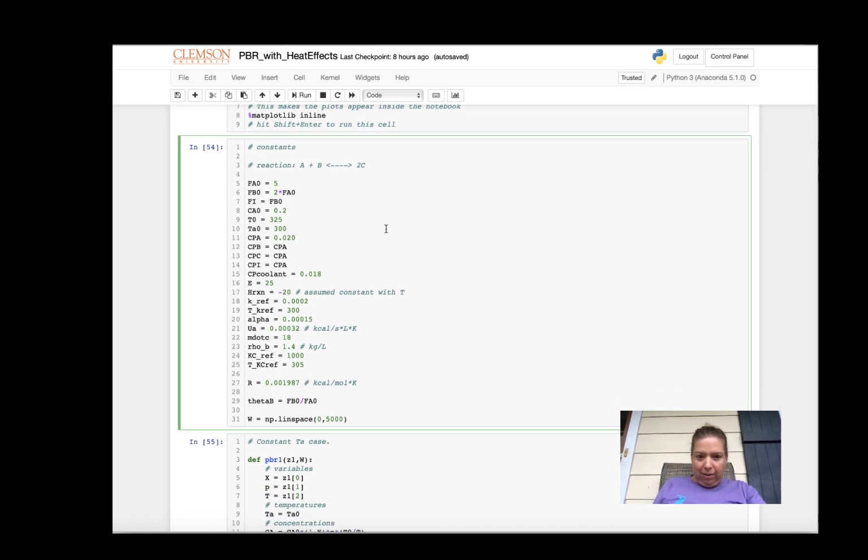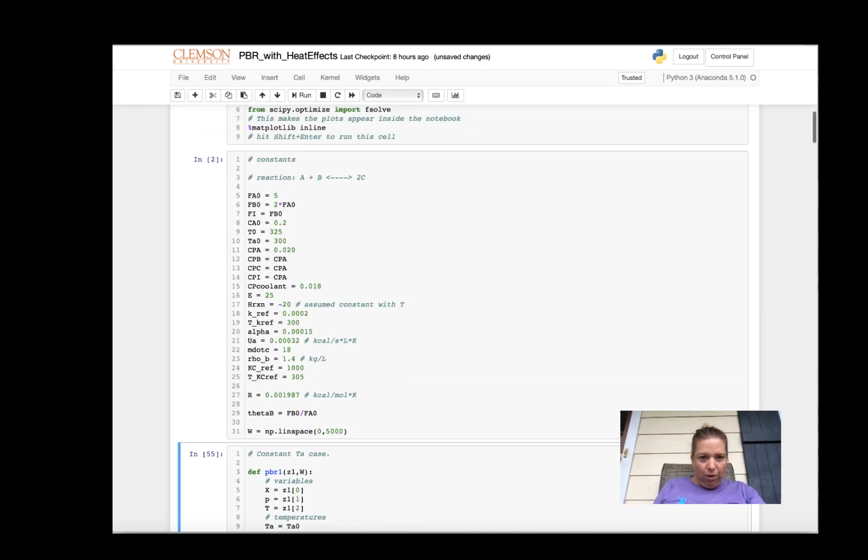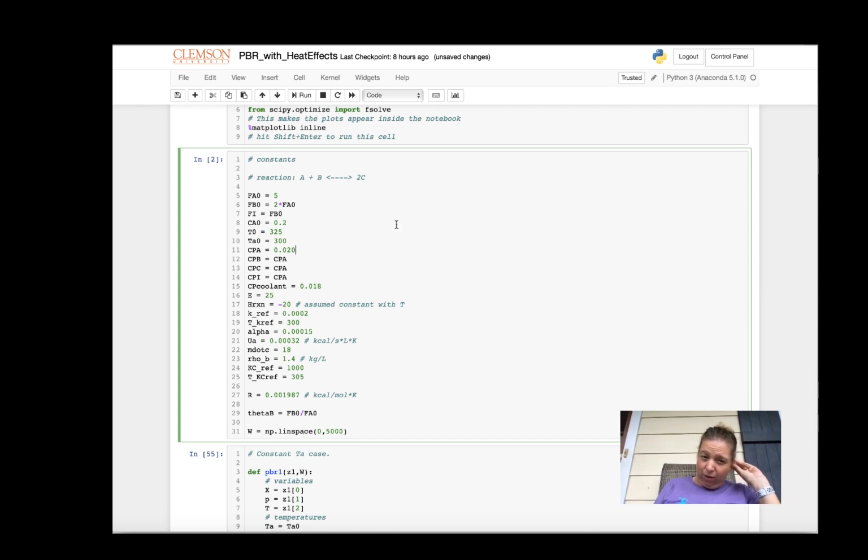Entering all my constants here. So again, I've already converted these into a consistent set of units. So for example, the heat capacities are now in kilocalories per mole Kelvin, where they were given in calories per mole Kelvin.